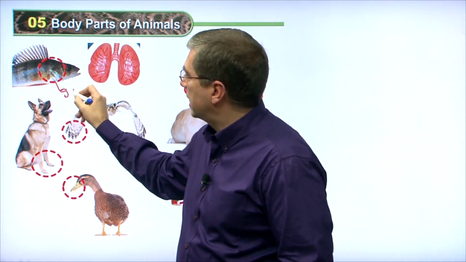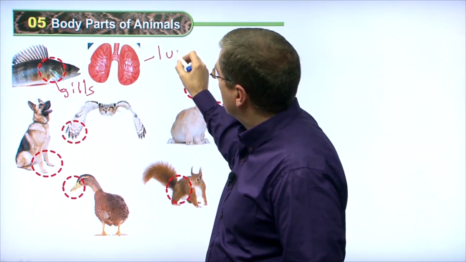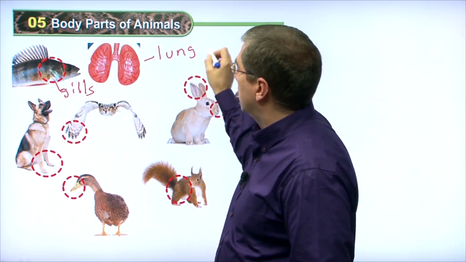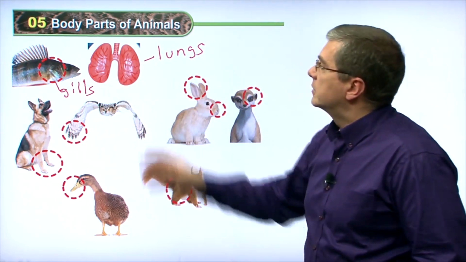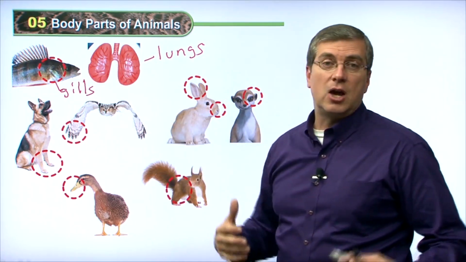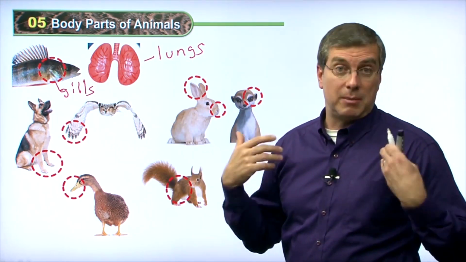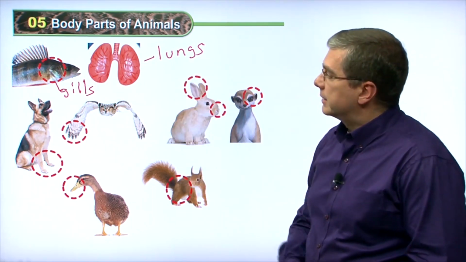So we can just draw that in, gills. And these of course are lungs, because 1, 2, the 2 lungs, okay? So what are they used for? Gills help a fish breathe, lungs help other animals like mammals to breathe, okay? So gills and lungs.